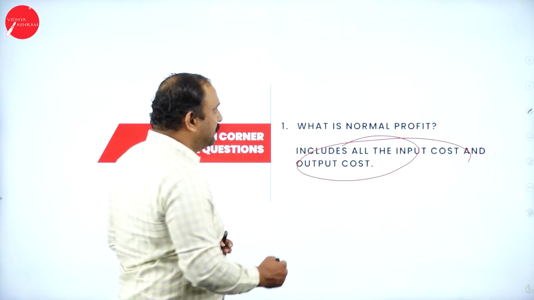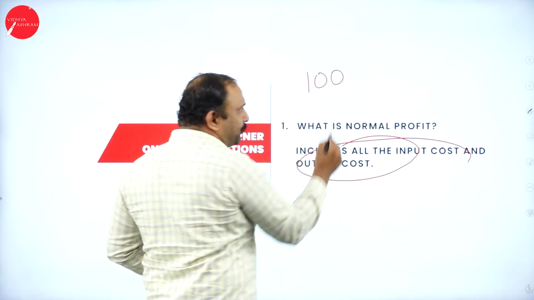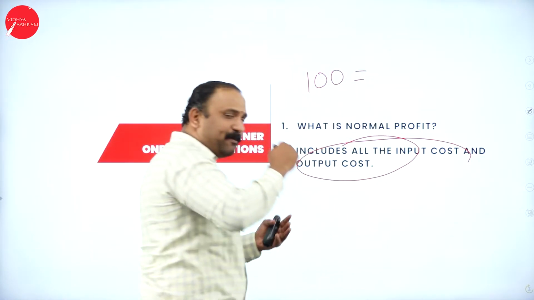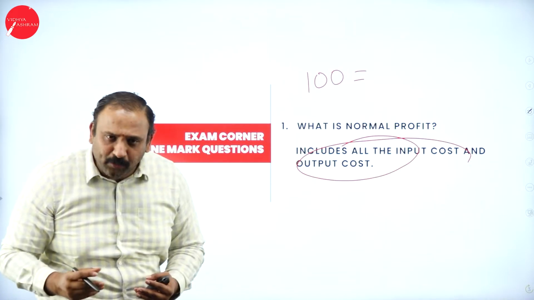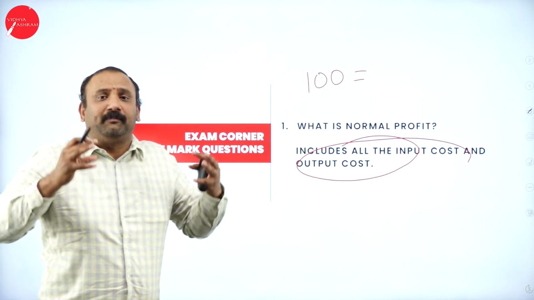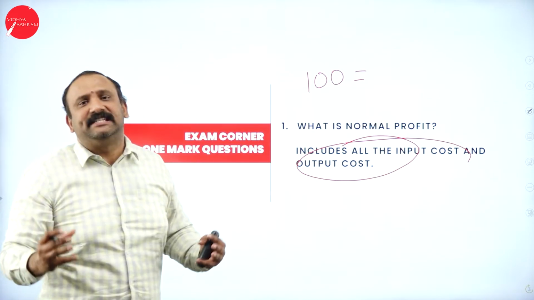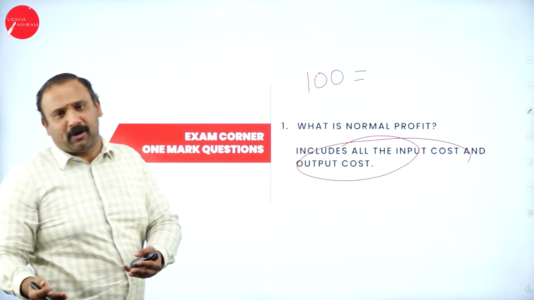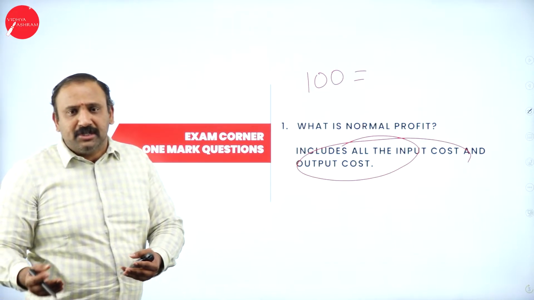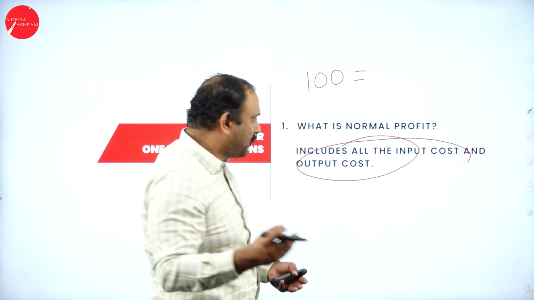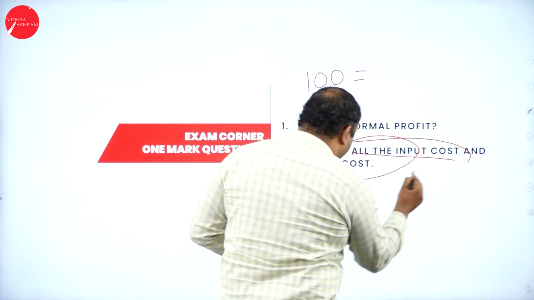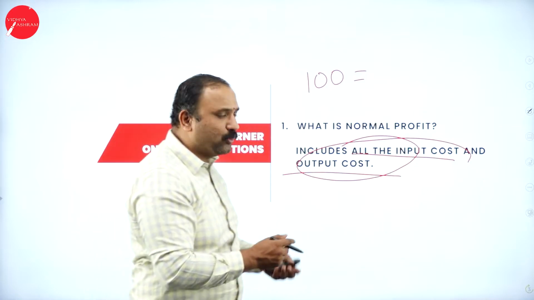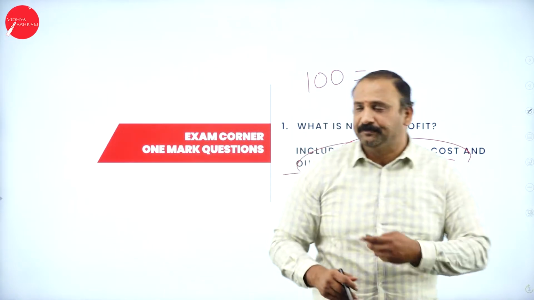So for example, if I'm investing 100 rupees in a particular business and I am able to get the same amount of money as my output, I'm able to take care of all the expenses and still run the show, I'm on a normal profit altogether. So when I talk about normal profit, I'm talking about input and output. Input and output will get you that particular factor.